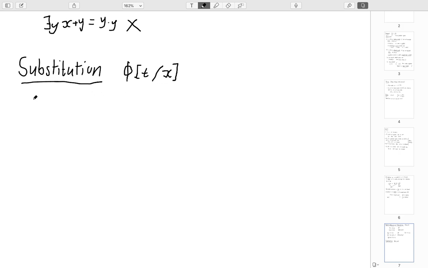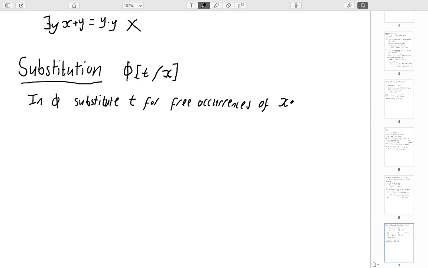So in phi, substitute t for free occurrences of x.